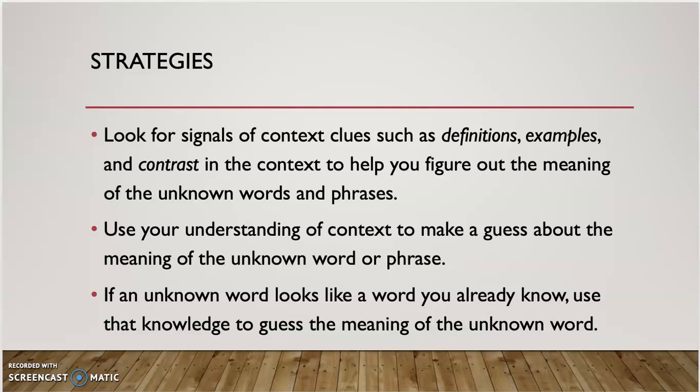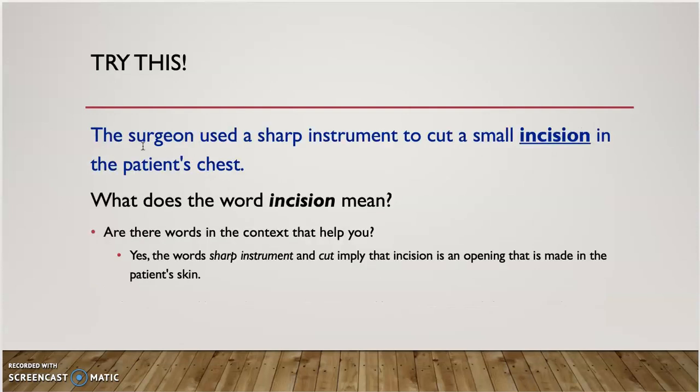Try this. The surgeon used a sharp instrument to cut a small incision in the patient's chest. What does the word incision mean? Are there words in the context that help you? Yes. The words sharp instrument right here.